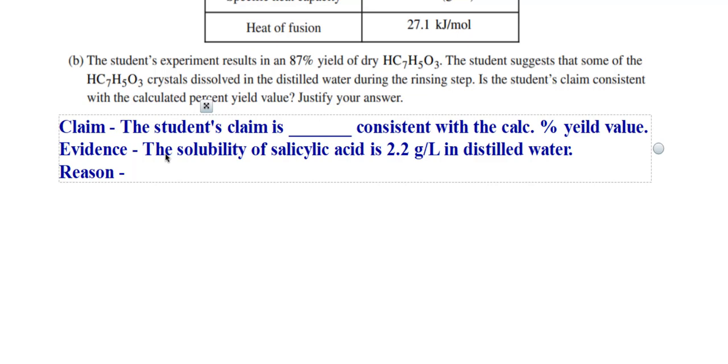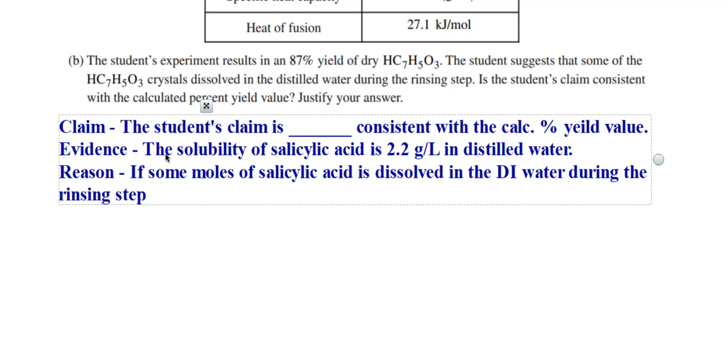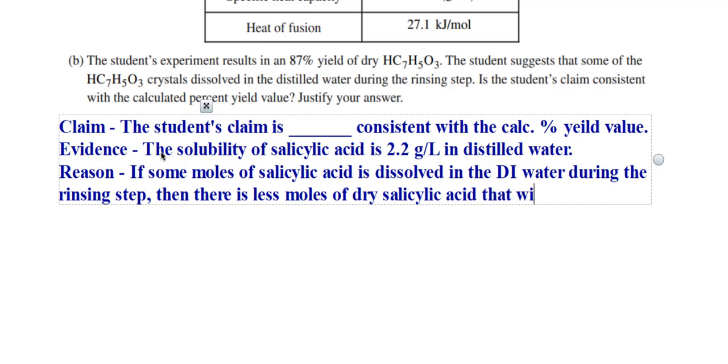And so I'm saying if some moles of salicylic acid are dissolved in the distilled water during the rinsing step, then there are fewer moles of dry salicylic acid that will be measured, and I keep spelling salicylic acid wrong.